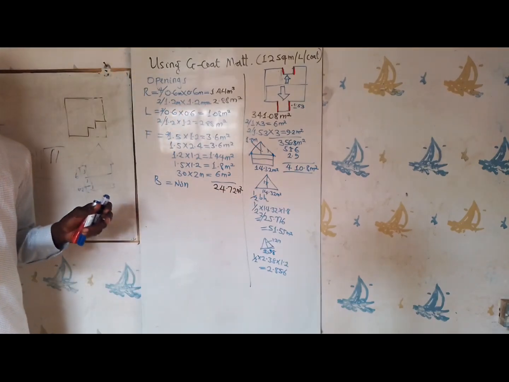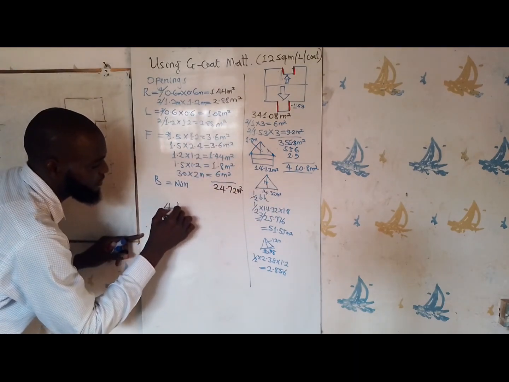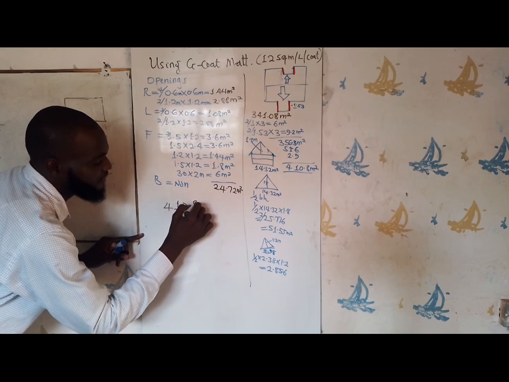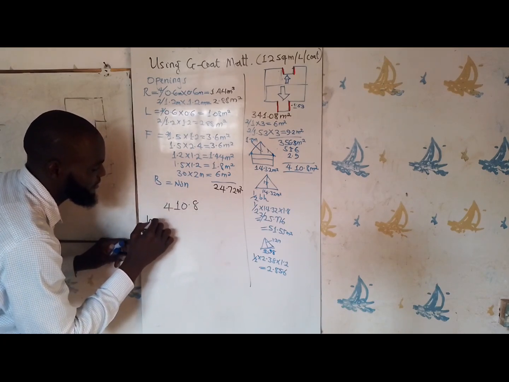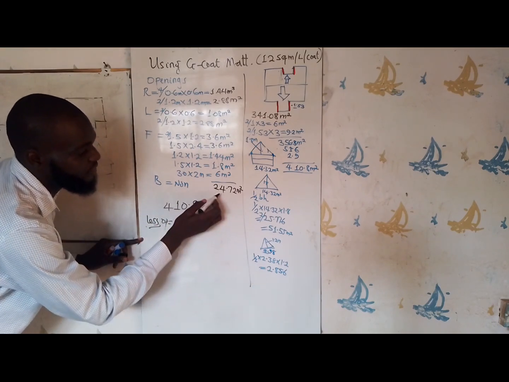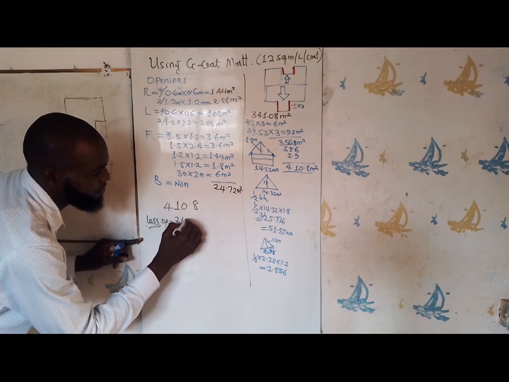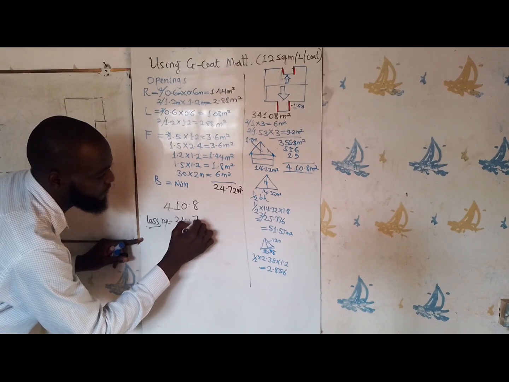Now the required area to be painted is our 410.8 less openings. And the total openings are what? 24.72.